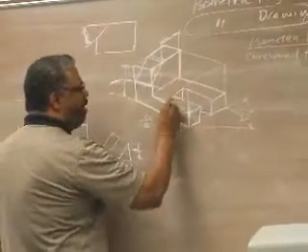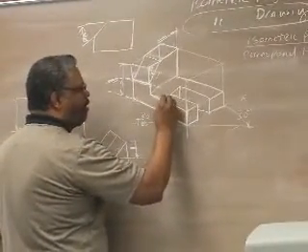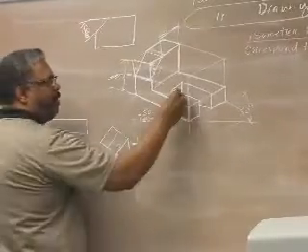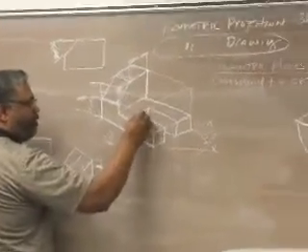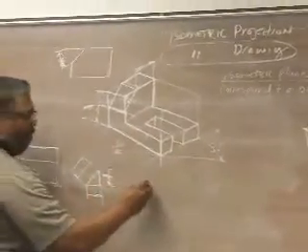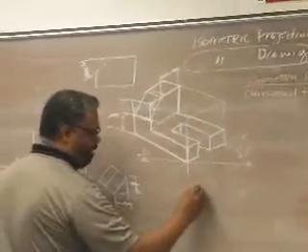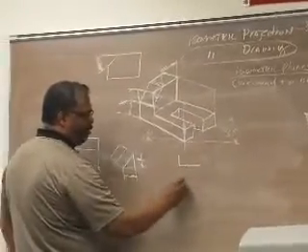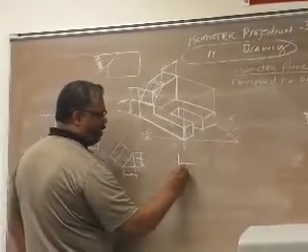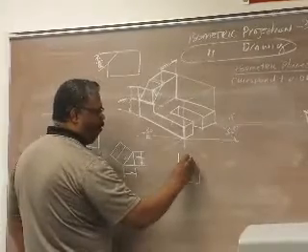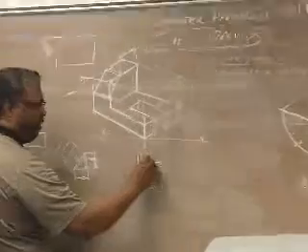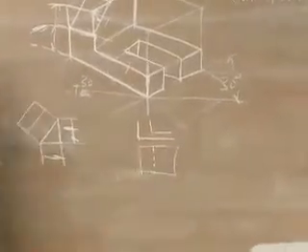Now, any lines that are hidden by surfaces will show up as hidden lines in your orthographic views. So here we have a surface that intersects another, and when we have an intersection of lines like that, we pick up an edge. So that edge is either going to be visible, or if it's on the inside and it's hidden by material, then that edge is going to be hidden.